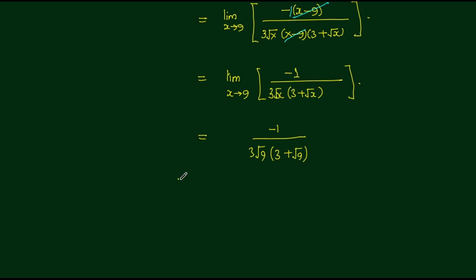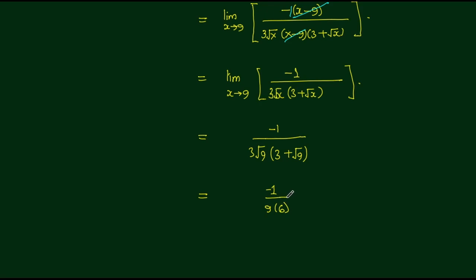So we can see clearly that the square root of 9 is 3, times 3 gives us 9. So the first factor is 9, and the second is the square root of 9, which is 3, plus 3, giving 6.